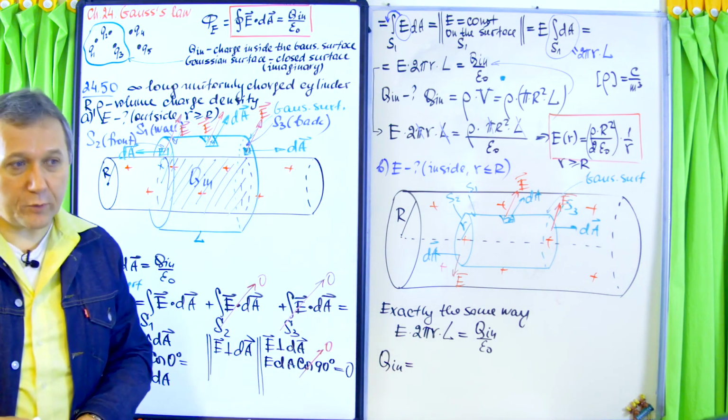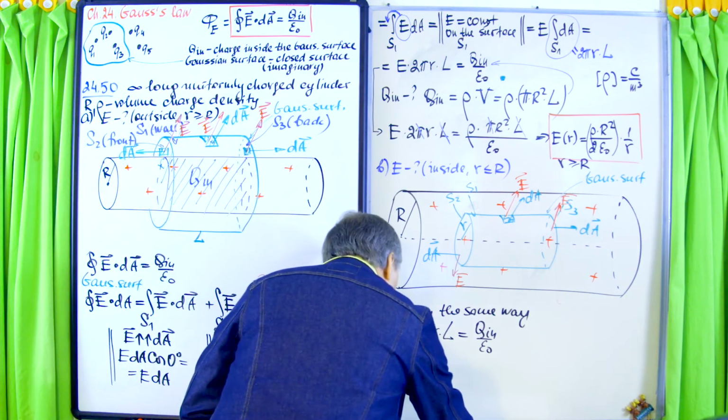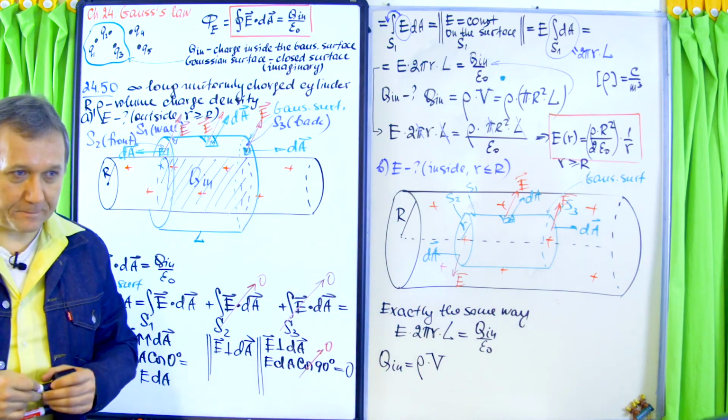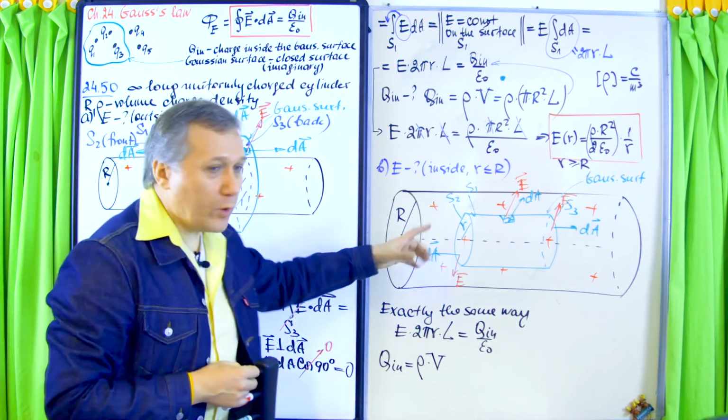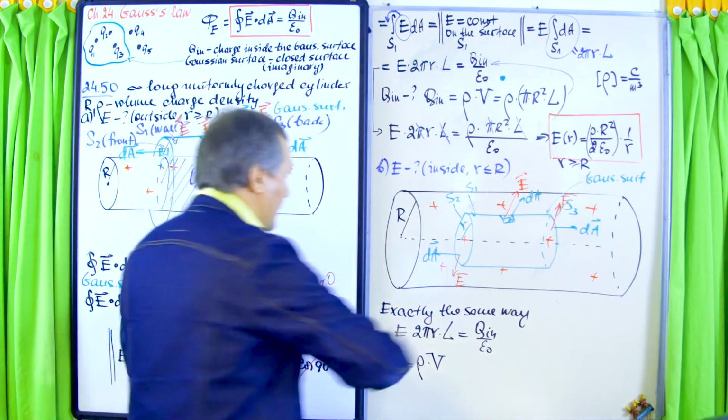Still the same formula, rho times the volume. But which volume? Of course, now that's where the difference is. Now the volume where Q enclosed is, so this.